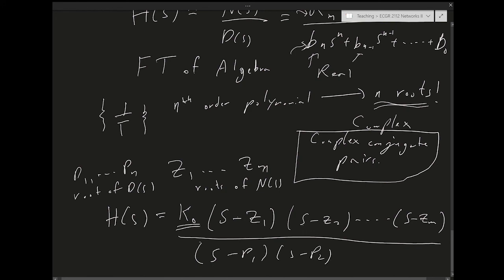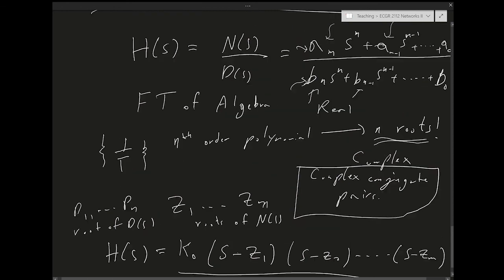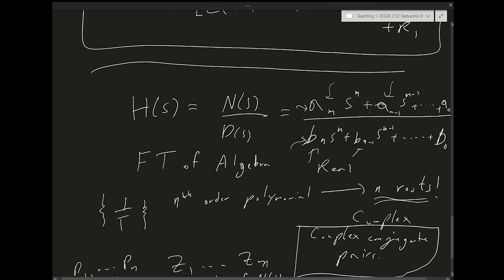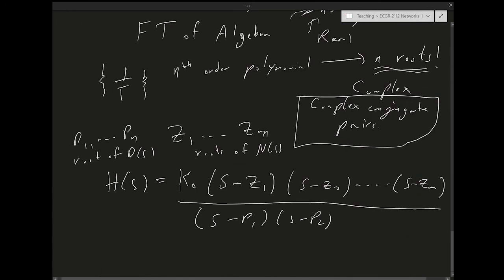This constant k captures any extra gain in the equation, for example a factor that we can factor out from the numerator.